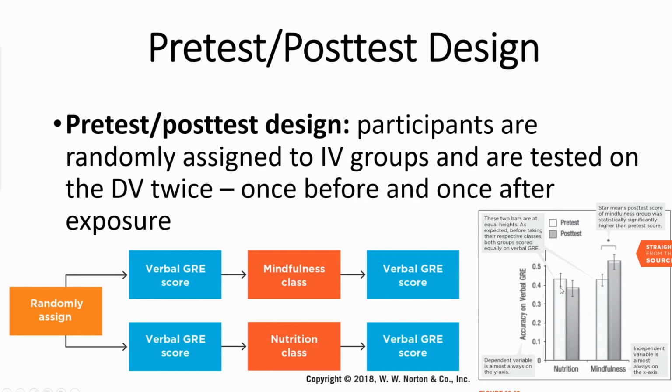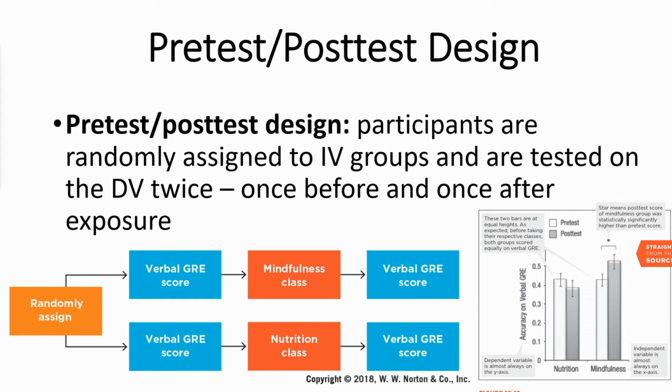And this time, they finally have error bars included. So error bars showing basically the spread of our data, and these two have their error bars overlapping quite a bit. So this tells us that there is no difference in the before and after tests for the group that went to a nutrition class.